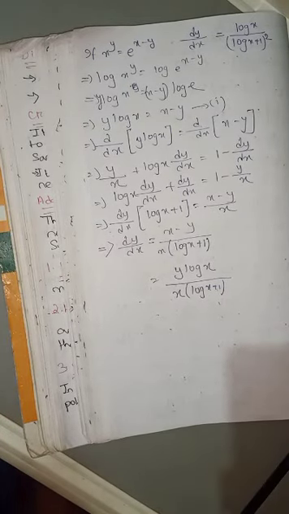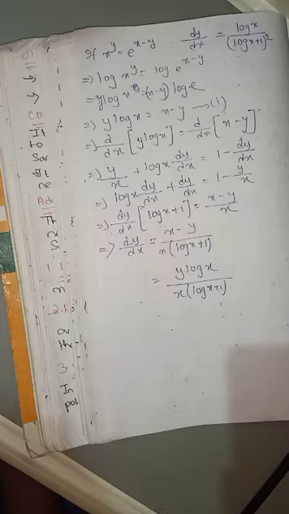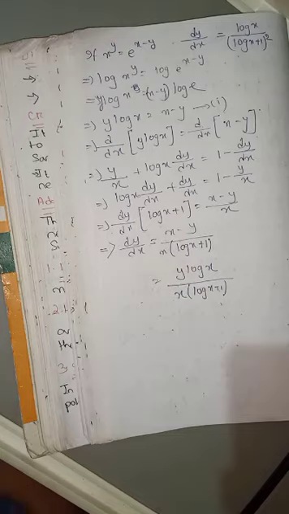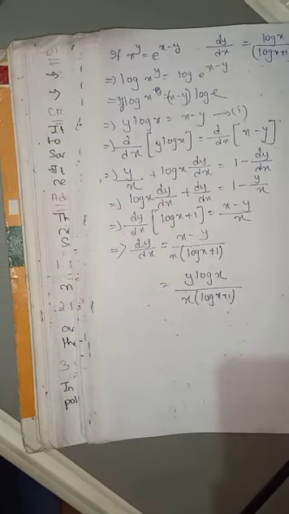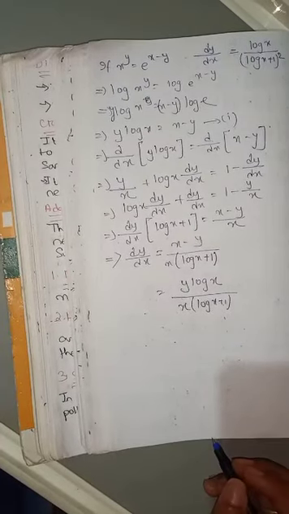What is the value of y upon x? Can you tell? The question is, prove that dy by dx is equal to log x by (log x plus 1) whole square. How can you do it? Can you tell?